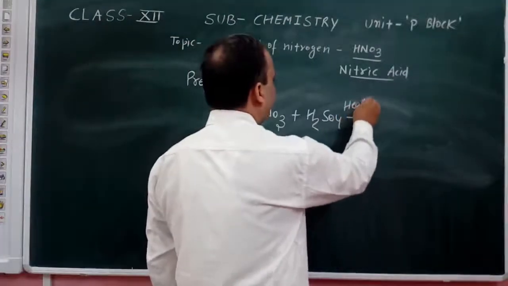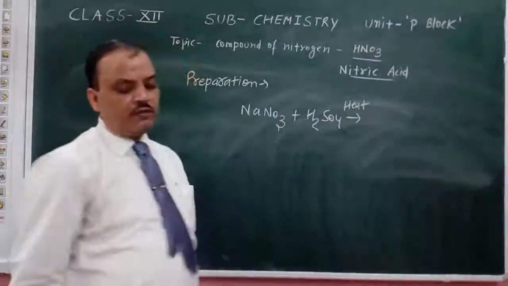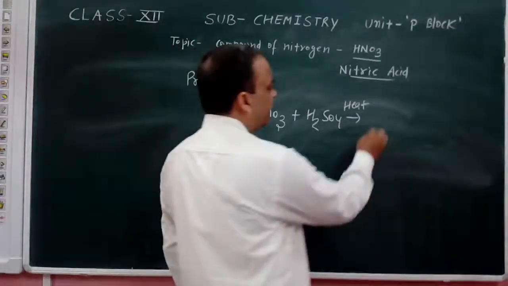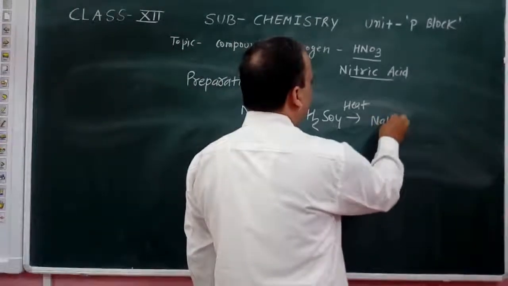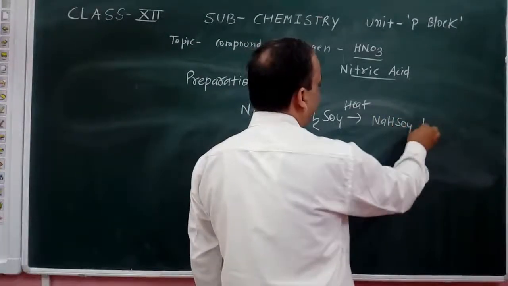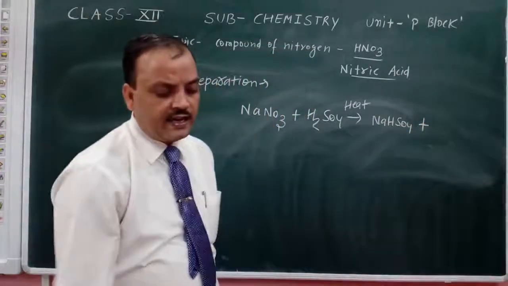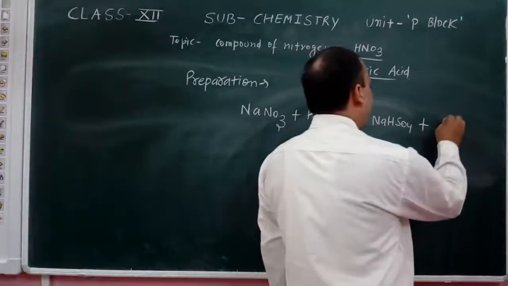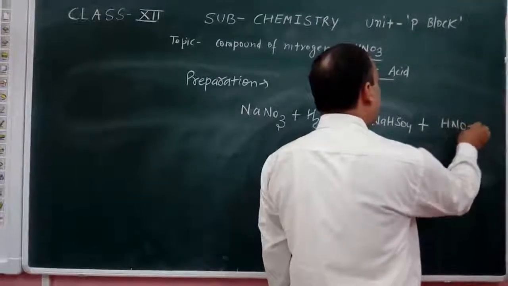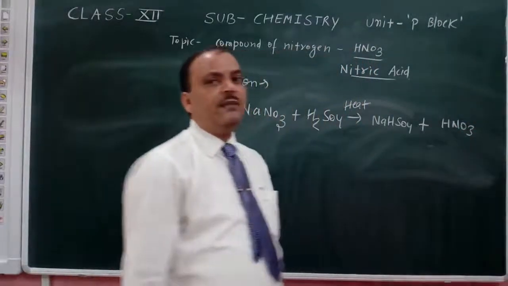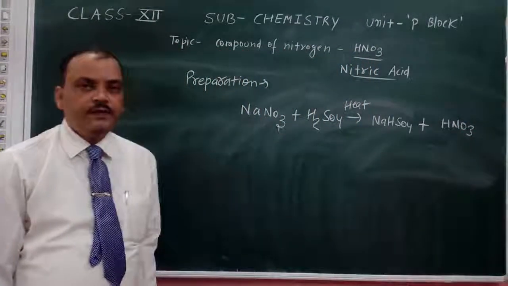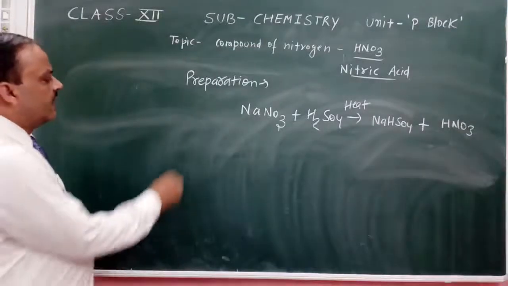When we heat the solution of these compounds, we get sodium hydrogen sulfate plus HNO3. So that is the general method of preparation of HNO3.